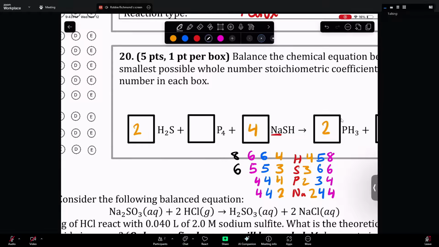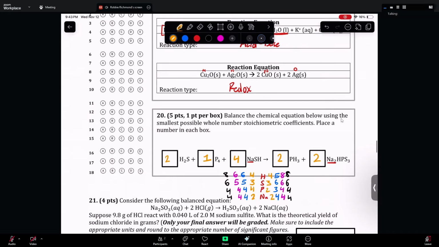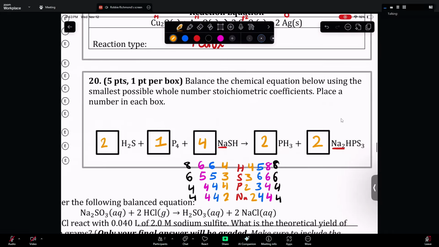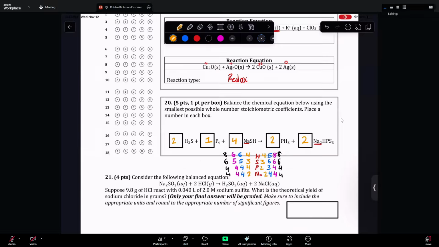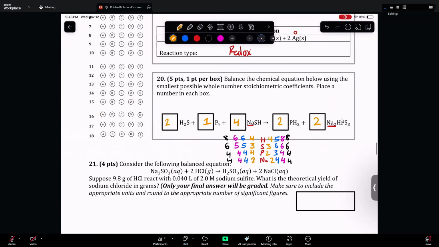Nothing else changed in the reactants. This is still 4, this is still 4, 4, 4, 6, 8. Everything's balanced. Now, if this was me taking the real exam, again, I would skip this question personally, because this one took me a while to figure out a way that works.